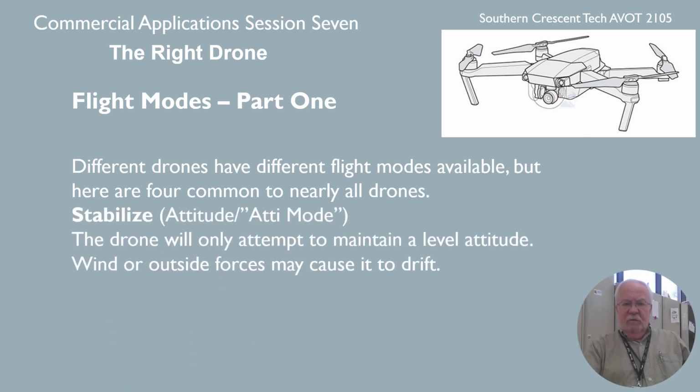There's what's called stabilized or attitude mode that you can select on the controller that will not necessarily use the GPS signal. So this would be handy for indoors, perhaps, a place where we don't get good GPS signals.